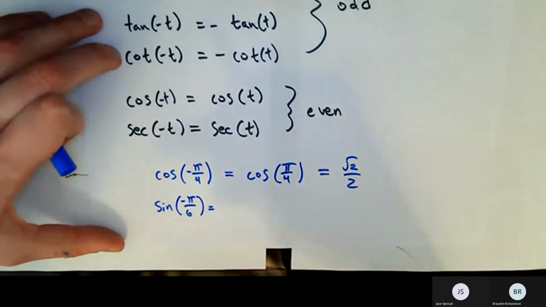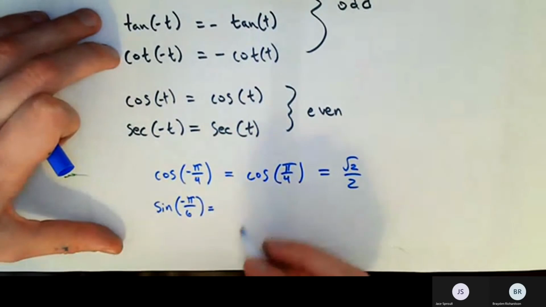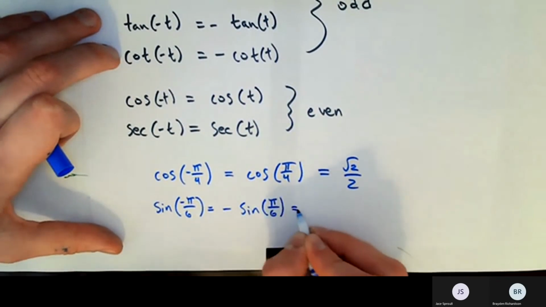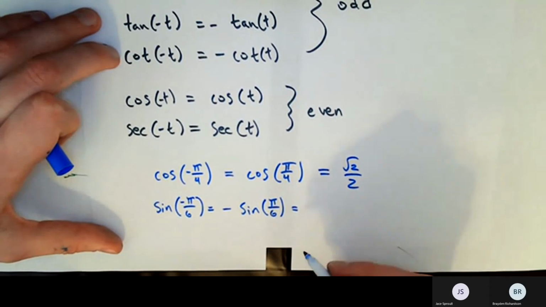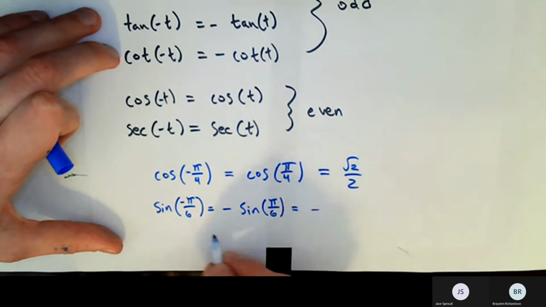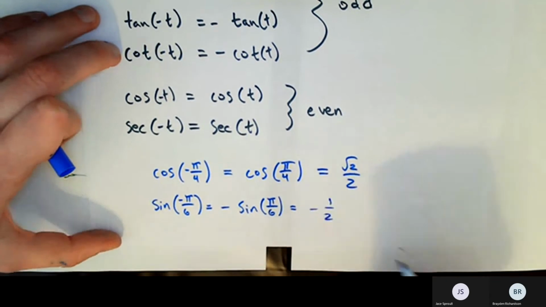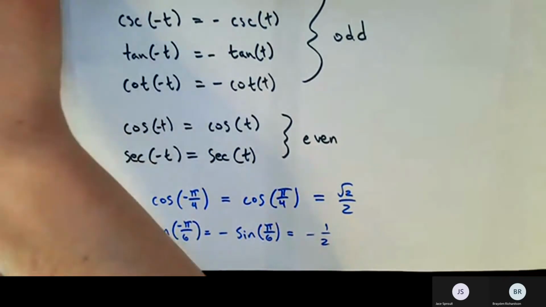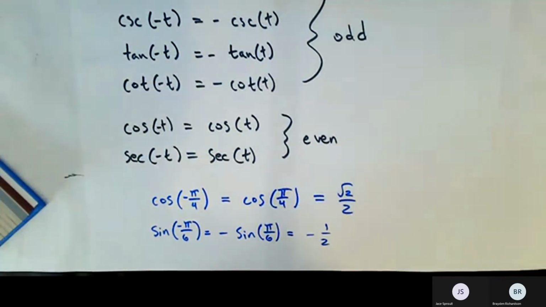You could say, okay, so that angle goes clockwise, or wait, no, I can just pull the negative outside. Sine of pi on 6 is 1/2, so negative sine of pi on 6 is negative 1/2. That's how these properties can be pretty useful, saving you some work by not having to deal with negative angles.